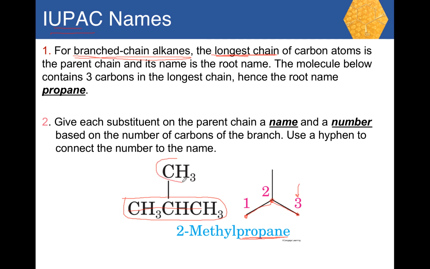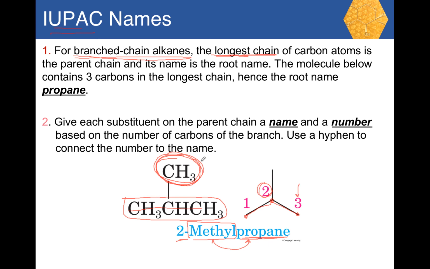It has a branch which has 1 carbon. 1 carbon, as you'll see from the table that we had before, is a methane. So we'll change that methane to a methyl, and combine that so we have methyl propane. We have to indicate the position of this methyl group here, and it's on carbon number 2. So that's why we have a 2.